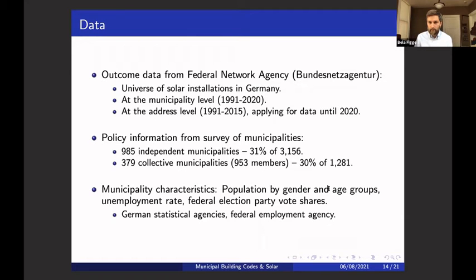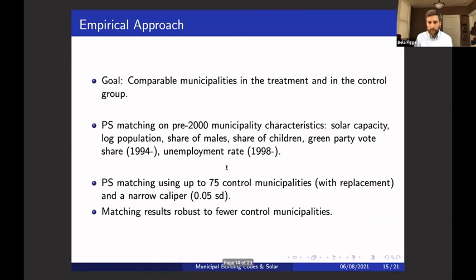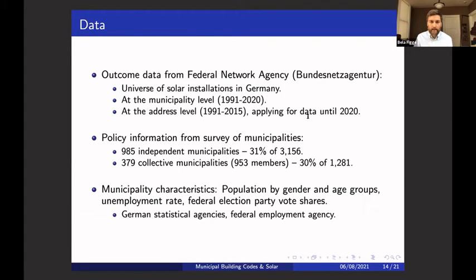I should mention here, I'm sorry, that in Germany, there are both independent municipalities and so-called collective municipalities that are just administrative unions of smaller, previously independent municipalities.